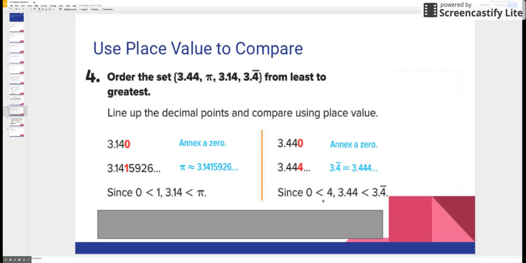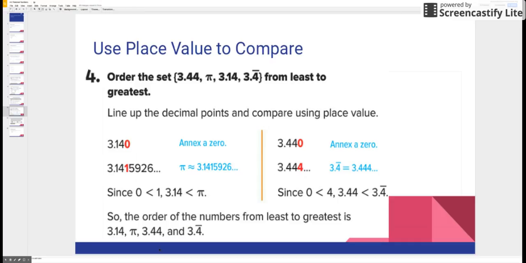Since 0 is less than 4, 3.44 is less than 3.4444444, 3.4 repeating. In other words, you're comparing the 0 to the 4. 0 is less, so that means this number, 3.44, would come before this number, 3.4 repeating. Okay, so overall, you would have, from least to greatest, 3.14, pi, 3.44, and 3.4 repeating.